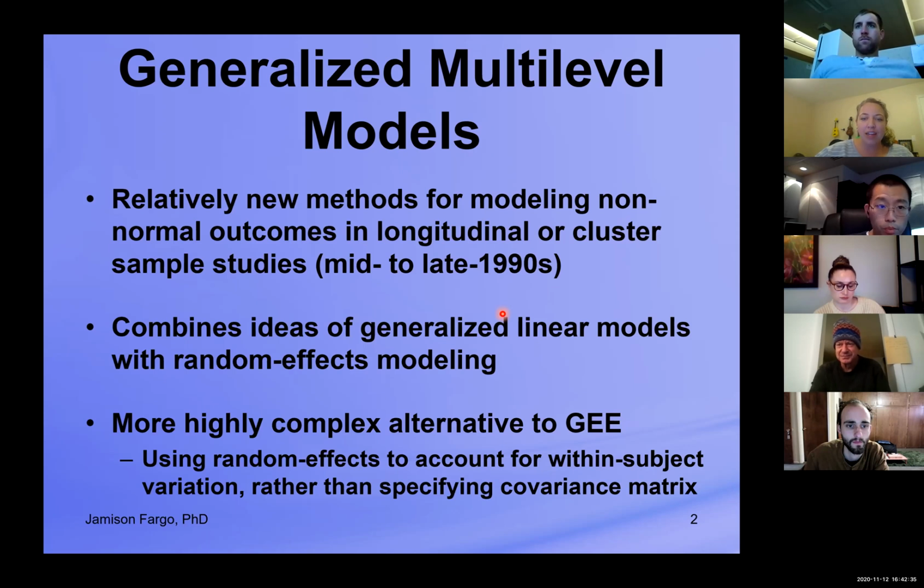So we're going to combine the idea of generalization with the random effects. Because we have mixed effects and the generalizations, they are more complex alternatives to the GEE. And again, in GEE, how do we handle lack of independence? With a correlation structure, versus in mixed models, we use random effects.